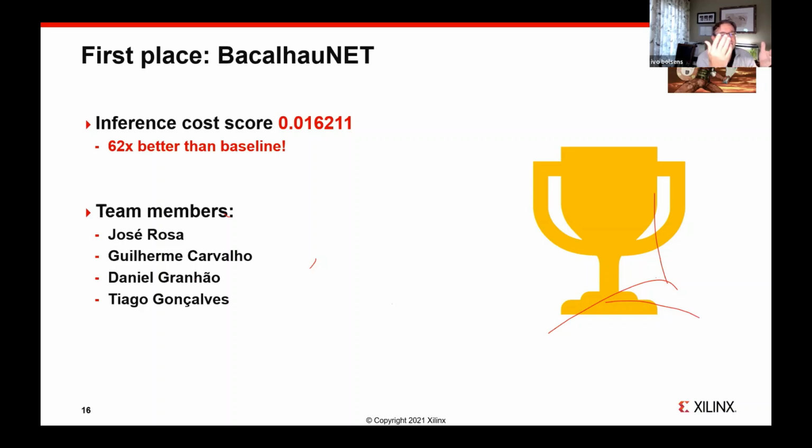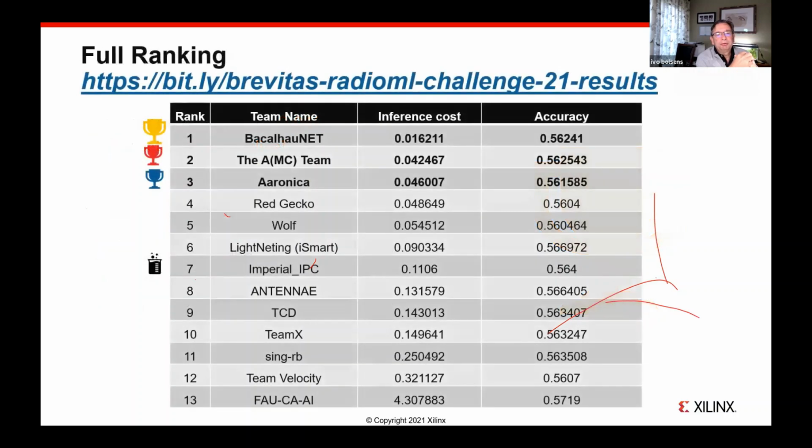And the team members are C. Rosa, Guilherme Carvalho, Daniel Granau, Iago Gonçalves. Congratulations to the team. And with that, we will hear now a little bit more about some of the projects.